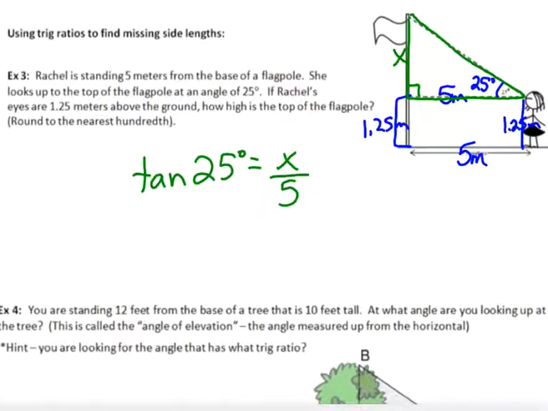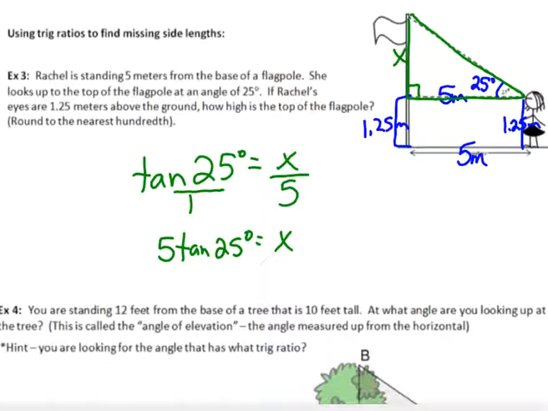Then I want to solve this for x. You always want to be a little bit more careful if you're solving for the denominator. What you could always do to make this a little easier is you could put this tangent of 25 over 1, and you could always treat all of these as a cross-multiplying problem. So if I do this one, I have 5 times the tangent of 25 degrees would equal x.